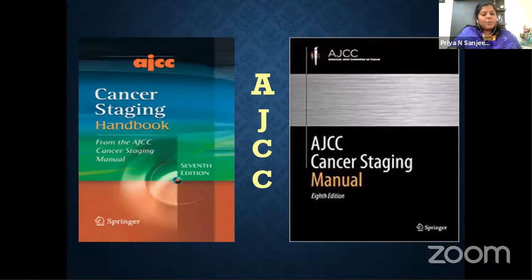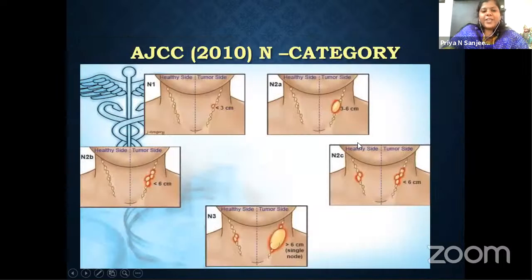Then TNM staging is the regularly used staging system for oral cancer. TNM staging is upgraded periodically. Seventh edition was published in 2010, and the newer edition, eighth edition, was given in January 2017. So I'll try to tell you the modifications from 7th to 8th.